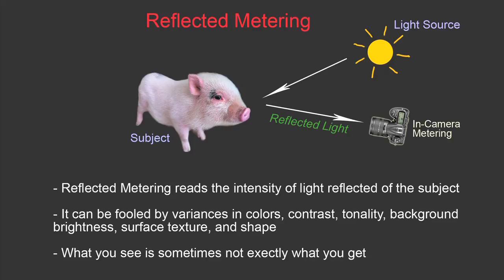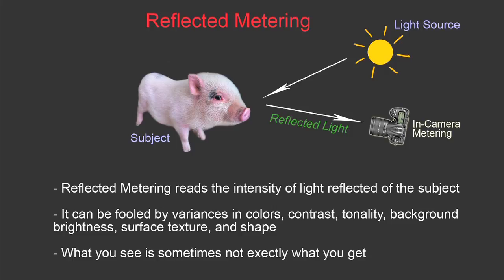Reflected metering reads the intensity of light which is reflected off the subject. But it can be fooled by differences in color, contrast, tonality, background brightness, surface texture, or even the shape of the subject. So this meter reading is not as accurate as incident meter reading.